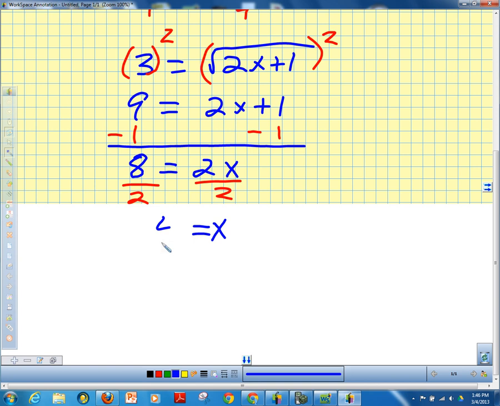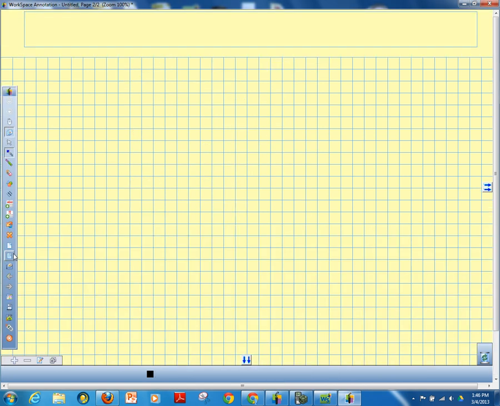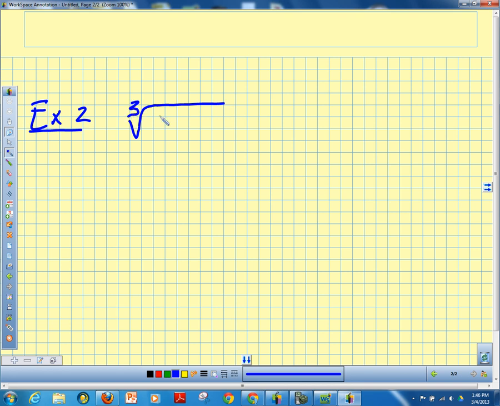Okay, example number 2. Give you a second. Looks like a couple people need a second to finish writing it down. Example number 2. We are going to do the cube root this time of 9x plus 1 equals the cube root of 11 plus 8x.